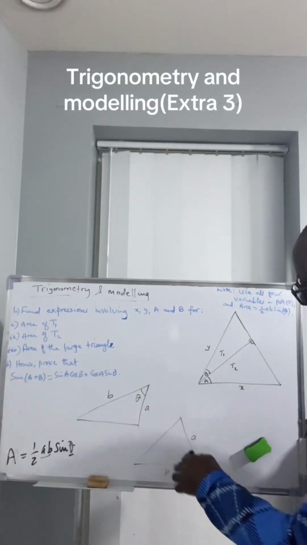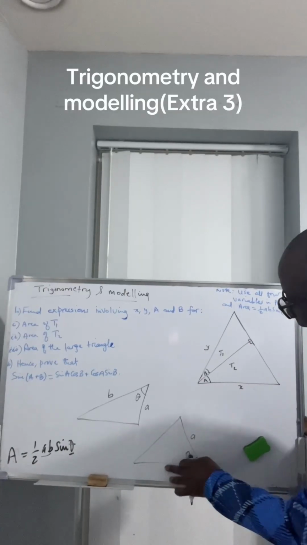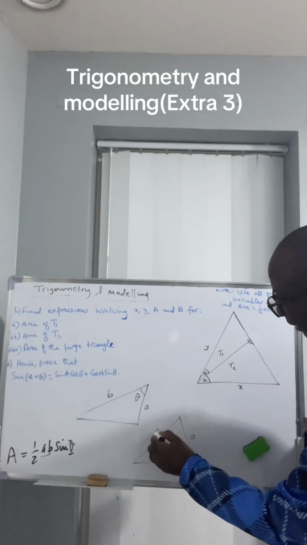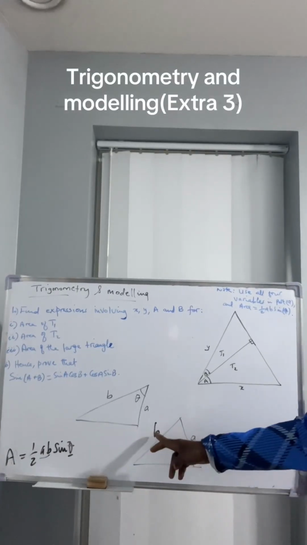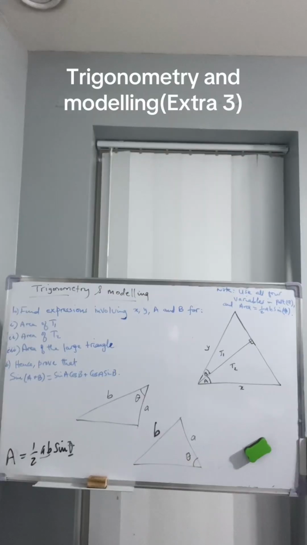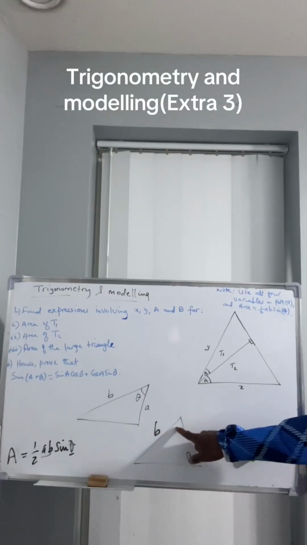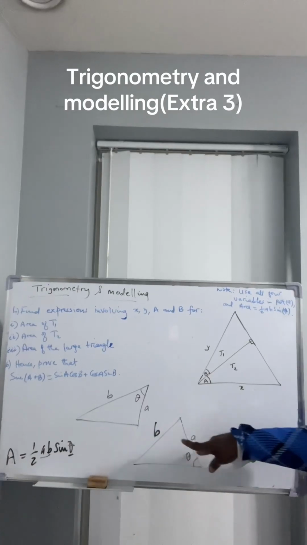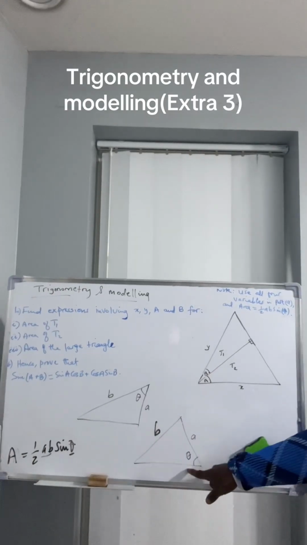If, for example, now this theta is here and B is here, we cannot use this formula because the angle is in the wrong place. The angle has to be between the two sides, A and B. But now the angle is here. What is this side? We need this side.